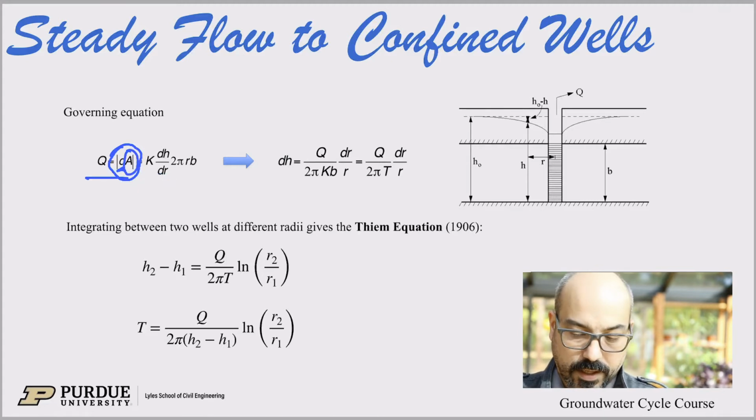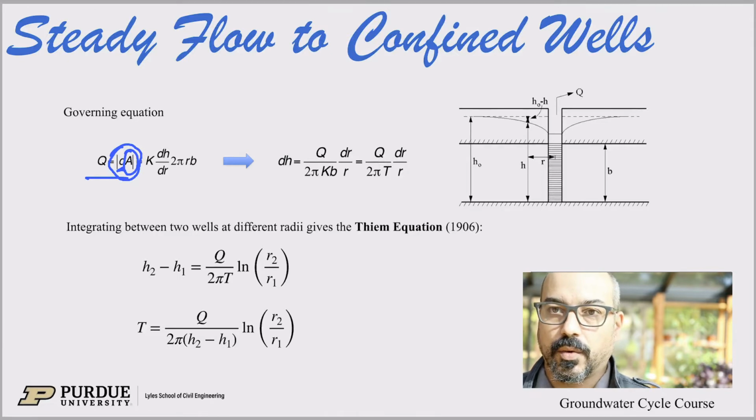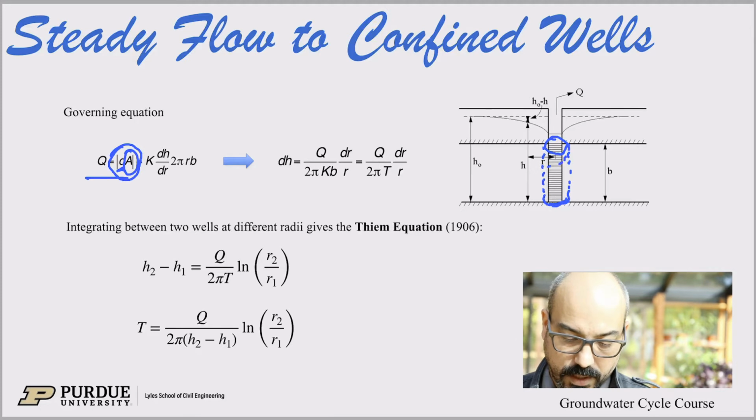And then the area here, this is where the trick is important to understand. This area is the area through which the water rushes into the well, meaning the area of the casing, all the way around the screening. So this is the area of that cylinder, where the water comes in from all around.